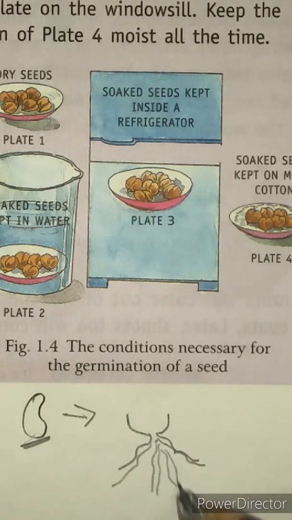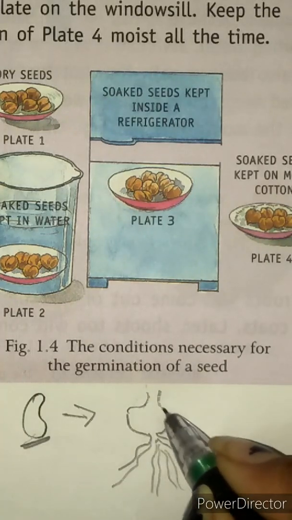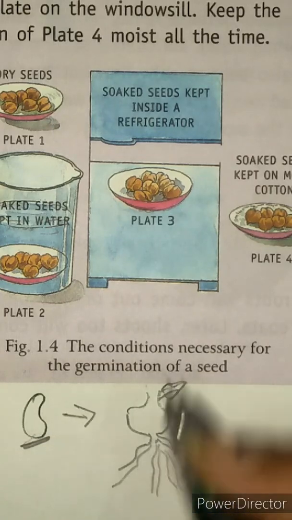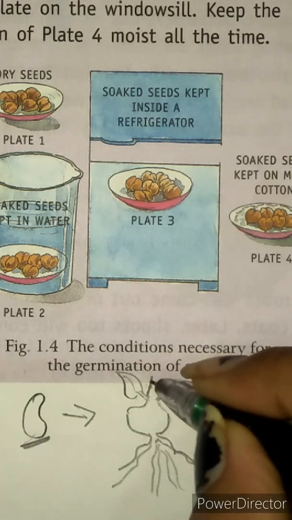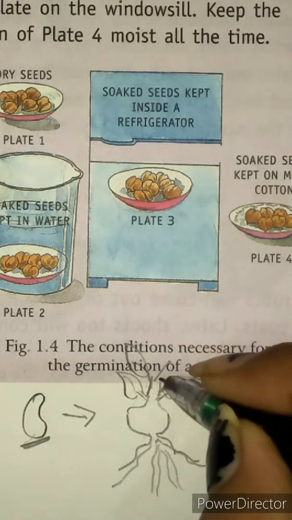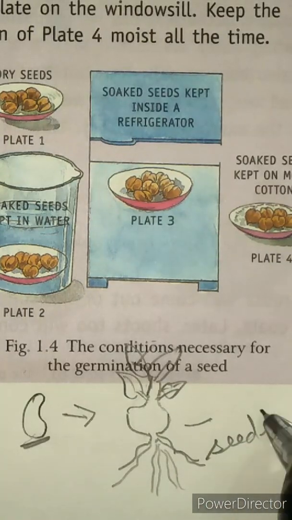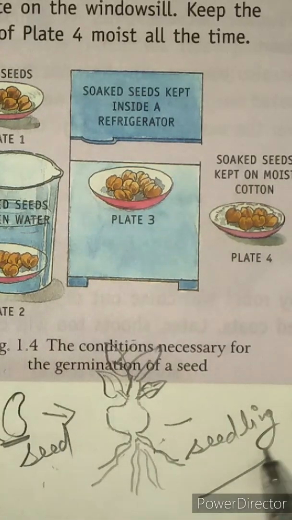Clear? And above it starts bearing some leaves, and this is known as seedling. When a seed changes into a seedling, that development is known as seed germination. Clear?